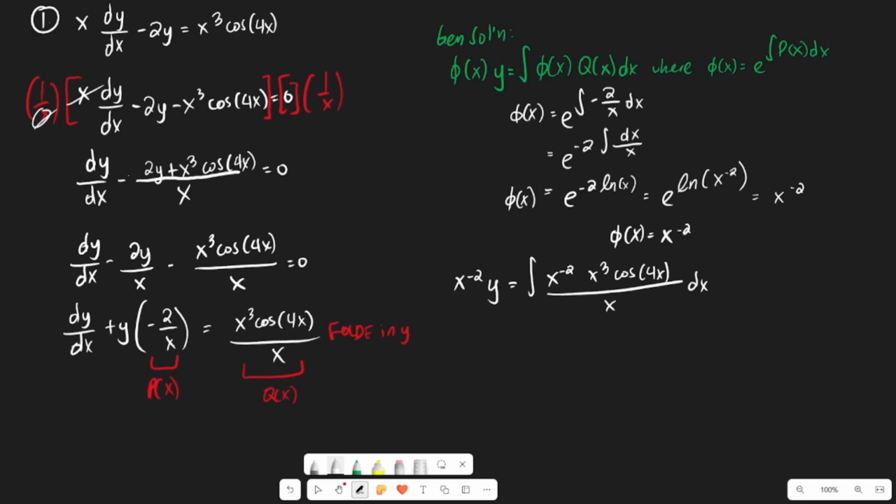Now let's simplify. We have x raised to negative 2 y is equal to, now x raised to negative 2 over x, you can put x raised to negative 2 on the denominator as x squared by using the reciprocal, so x squared times x on the denominator becomes x cubed.